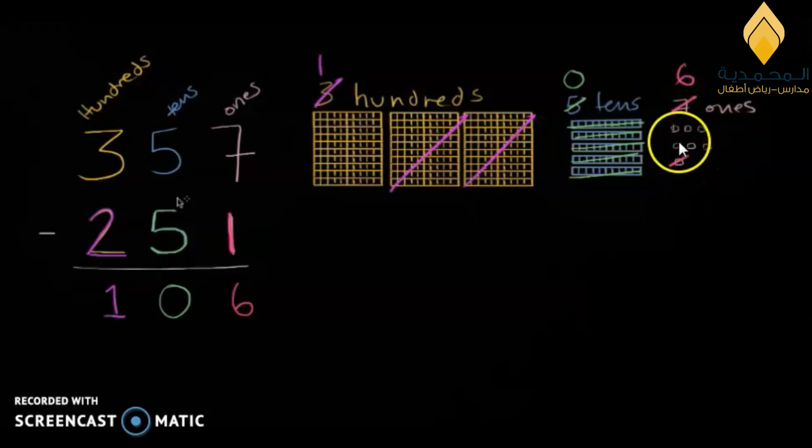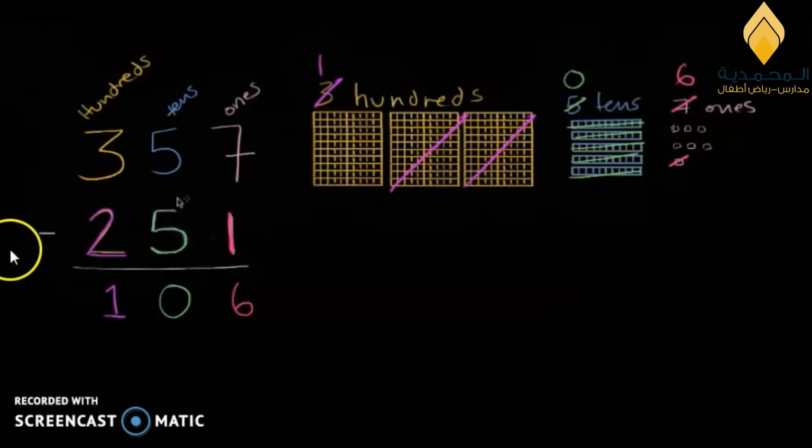Take away 1, so there will be 6 left. Then we move to the tens place. We take away 5 tens from 5, right? So take away 5, 1, 2, 3, 4, 5. So there will be 0 tens left, right? Then we take away 2 from 3. Look, we take away 2 from 3, so just 100 remains.